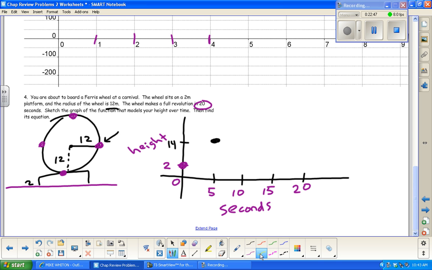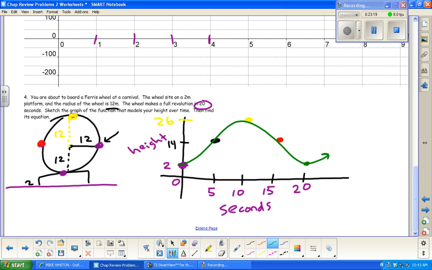Then we keep going around, we're halfway around, we're at the highest point, 10 seconds have gone by, we're at 12 plus another 12, 24 plus the platform, we're up at 26. And then we start to come back down, we're at 14 again. And then at 20 seconds we're back at 2 where we started, and we repeat the ride. So that would be our height over time here.